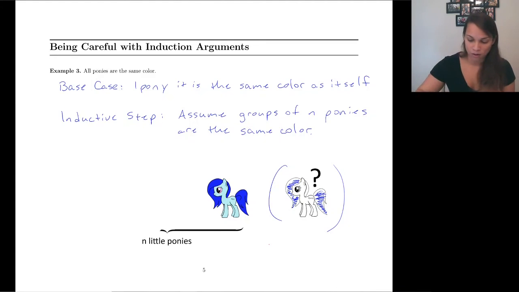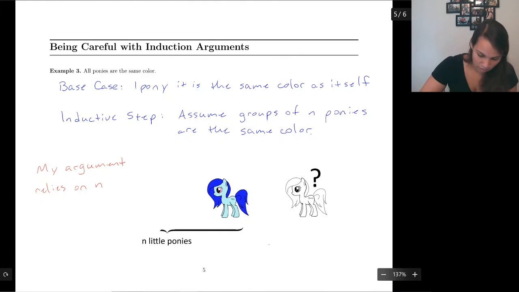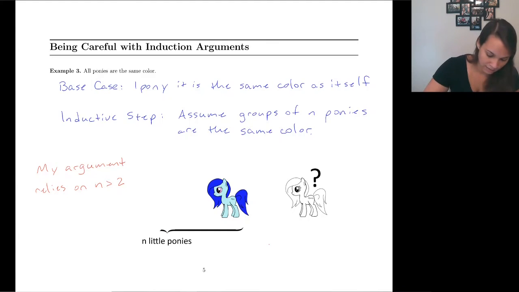And so my argument relies on n being bigger than 2, which means I need a second base case to tie this in.